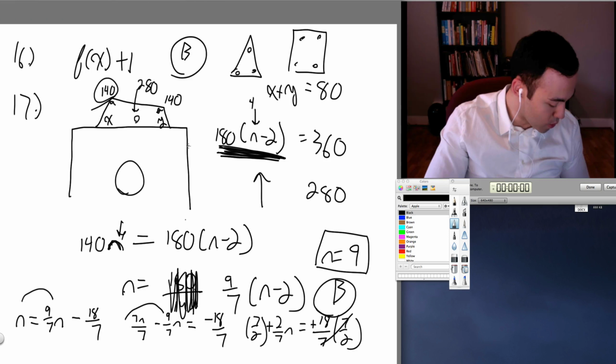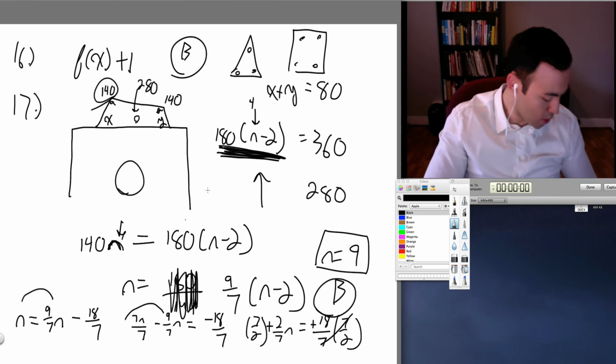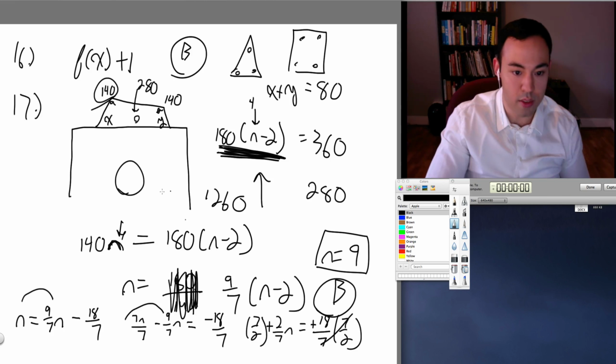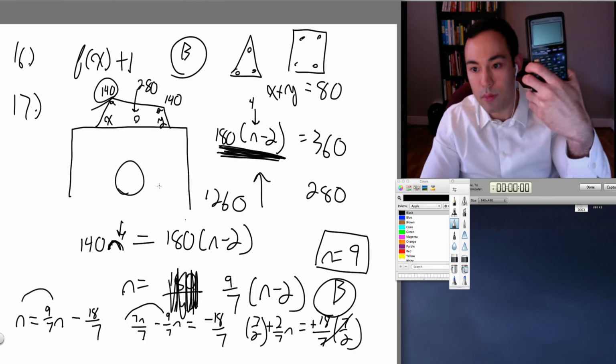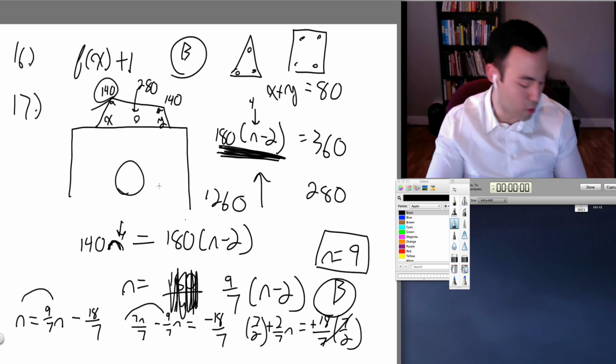And so if you went that way, plugging in with your calculator, you would see the total would have to equal, let's see, I got 1260. 1260 divided by 140 would give us a nice integer.